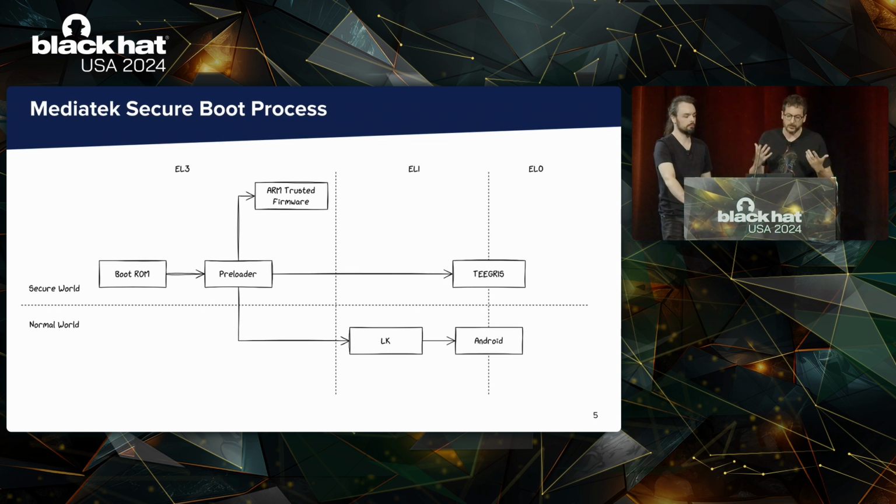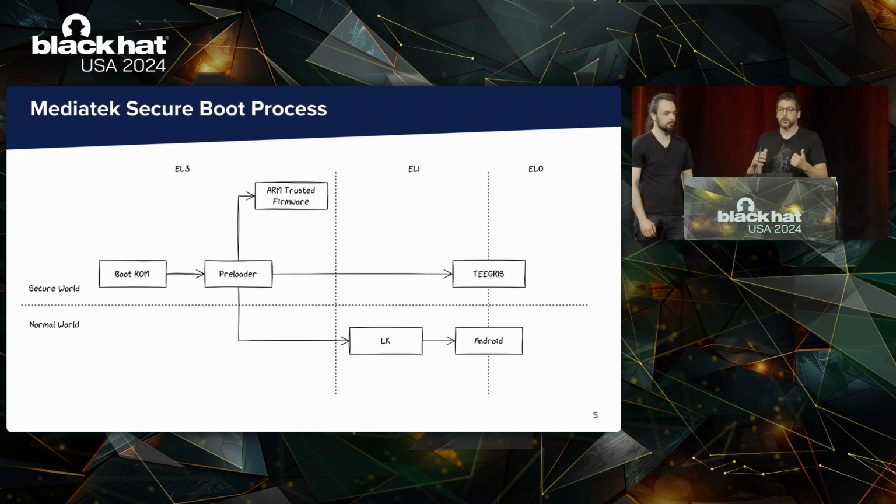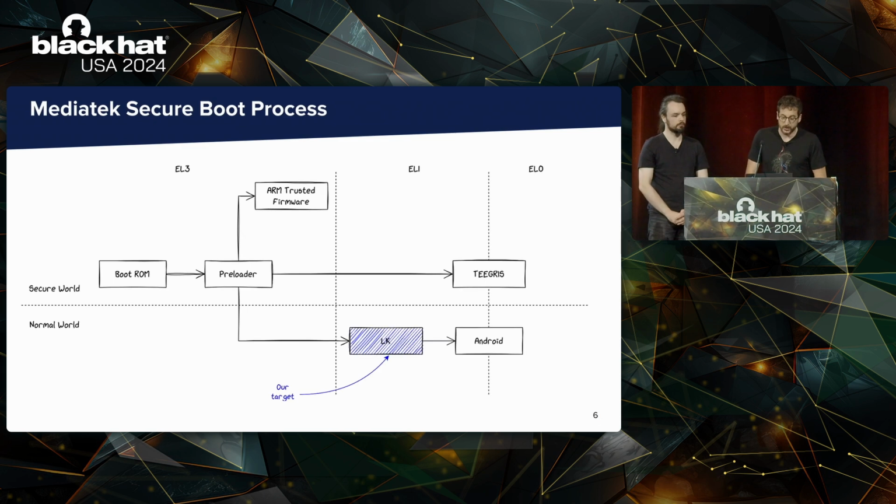It is the piece of software that will run with the highest privileges on the device once it's fully booted. The preloader will then start the Trustzone environment, which is Tigris, and finally, a third stage bootloader called Little Kernel. Here we call it LK. This bootloader is in charge of booting Android, and it's actually the component we will look into right now.